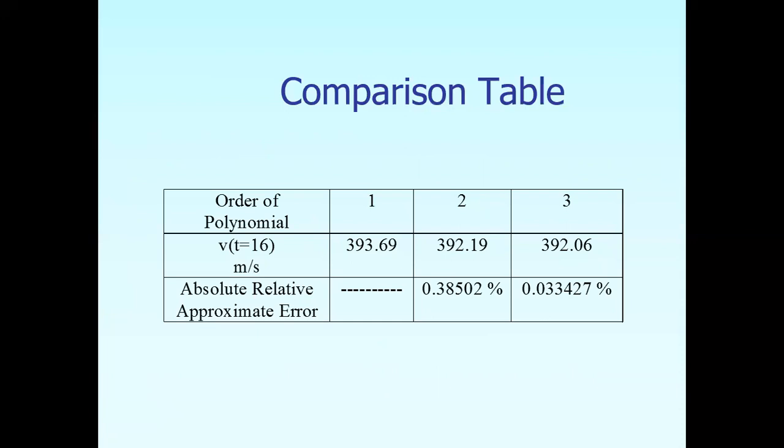This is the comparison table. When the order of the polynomial increases, suppose first order, the value of velocity is 392.69. At second order polynomial, 392.19, the error is 0.38%. When the order increases, the error should be minimized.